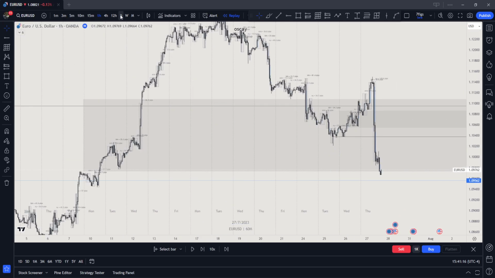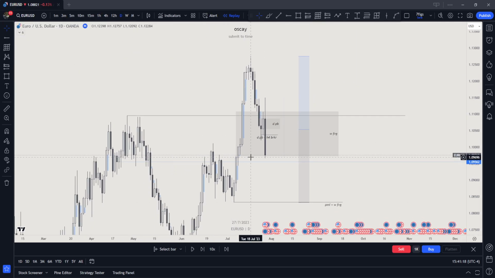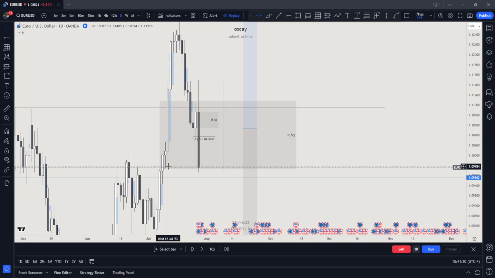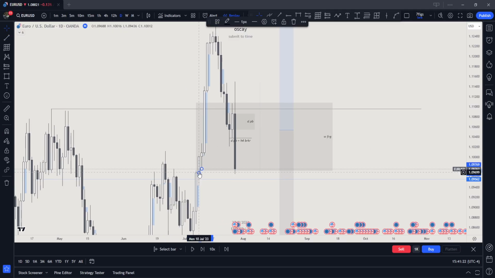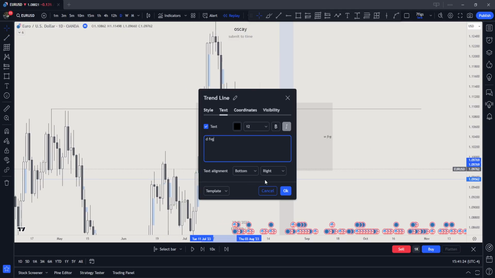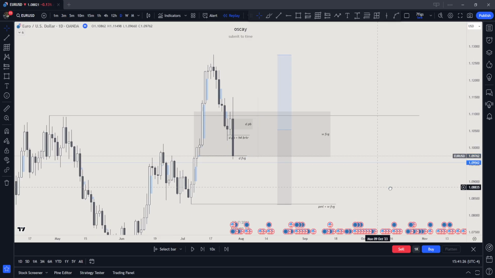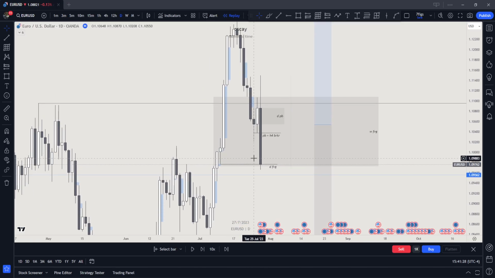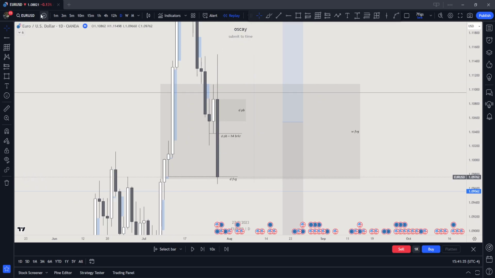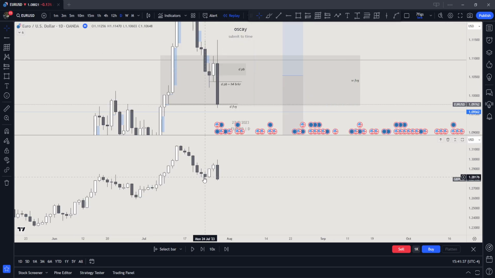Where could price react from potentially? Yeah, from this daily fair value gap right here, but we reacted from it. Maybe this inverse fair value gap, but it's too little. It is way too little.